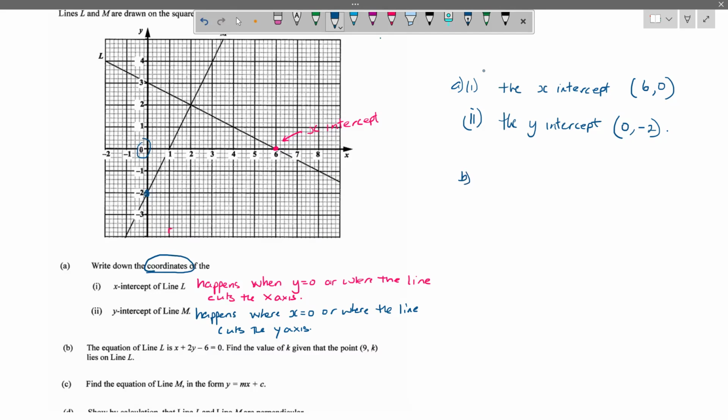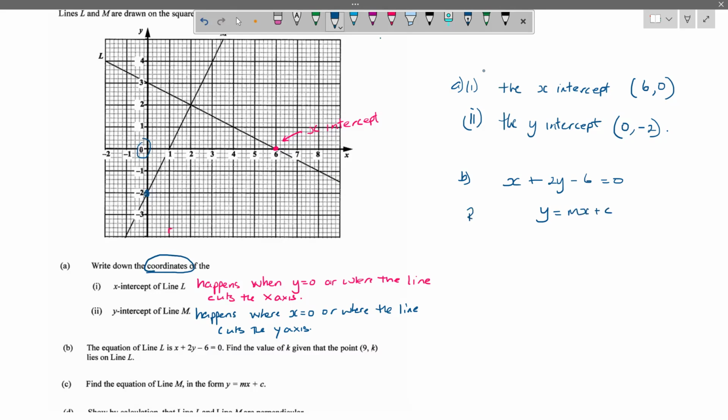Right, so I'm moving on to B. The line L is given by the equation x plus 2y minus 6 is equal to 0. When we're doing coordinate geometry and we need to use the equation of the line to find a missing point, the equation has to be in the form y is equal to mx plus c.